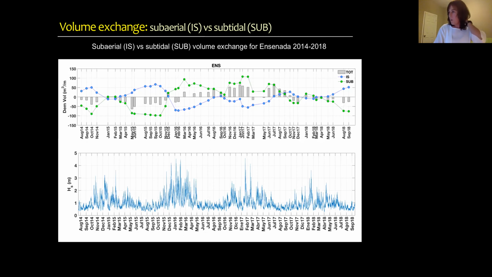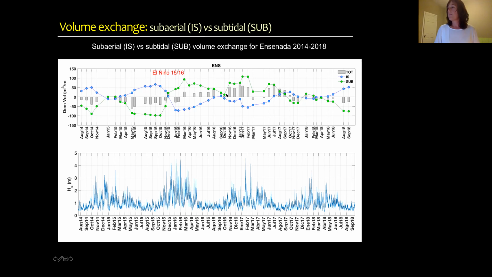So now I will show some results on the volume exchange. This is the same time series of 4 years for the same beach. In blue, we see subaerial volumes, and in green, we see subtidal volumes. As you can see, they follow the same trends and opposite patterns, as expected.